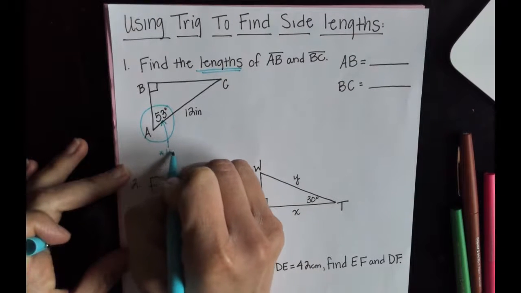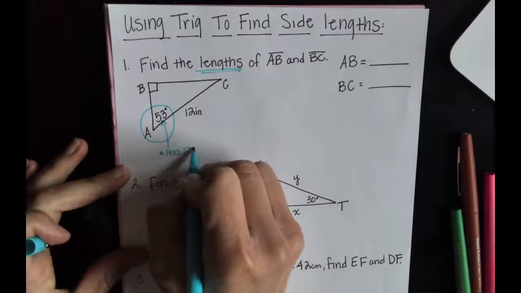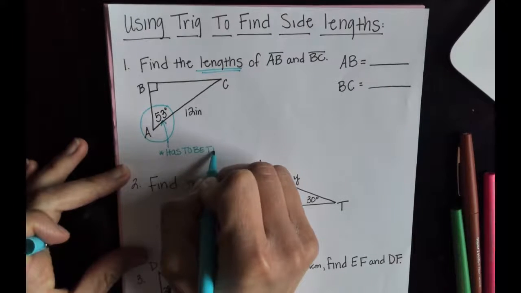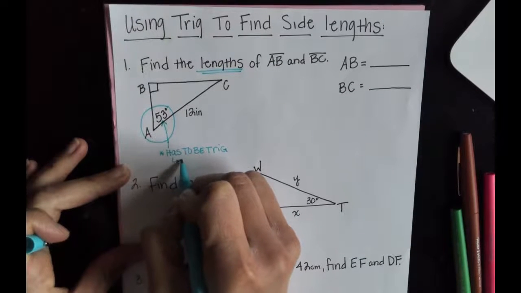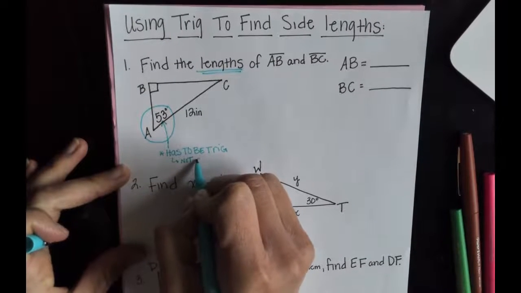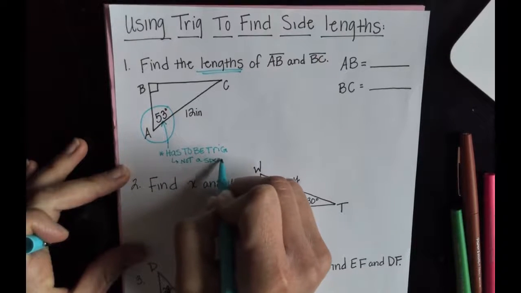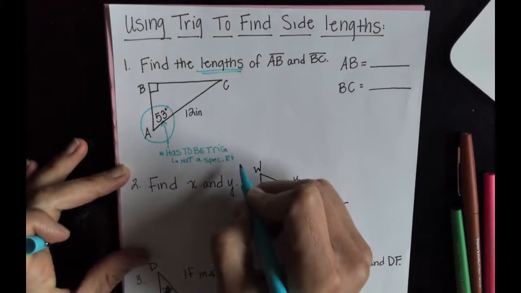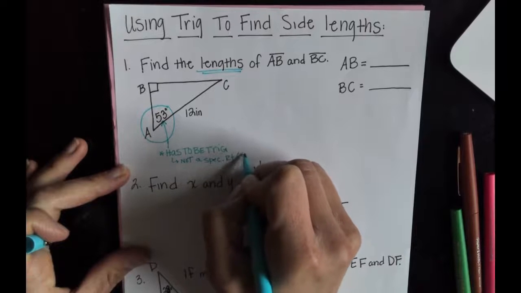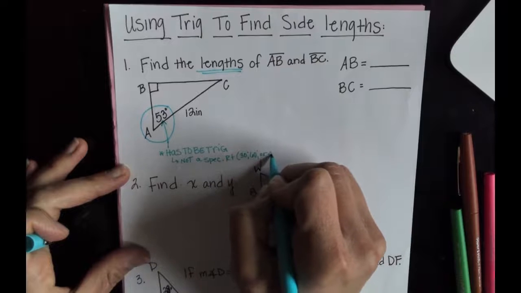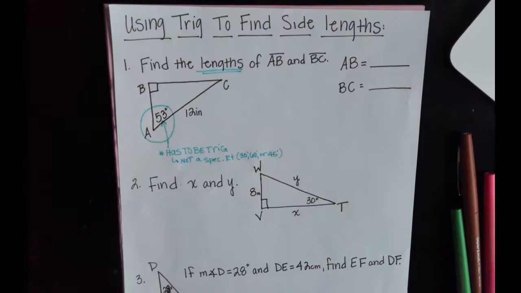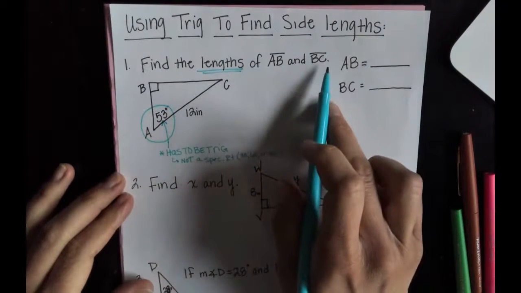It has to be trig that we're going to use because it's not a special right situation. We don't have a 30-degree angle, a 60-degree angle, or a 45-degree angle that would make this one of our special rights. So we have to use trig because we are looking for the other two sides.